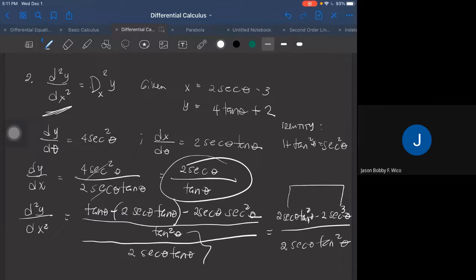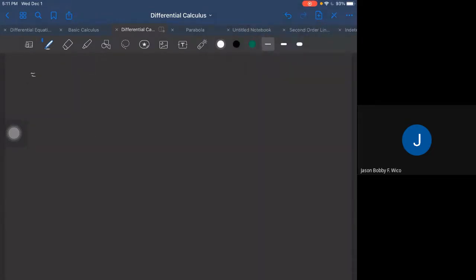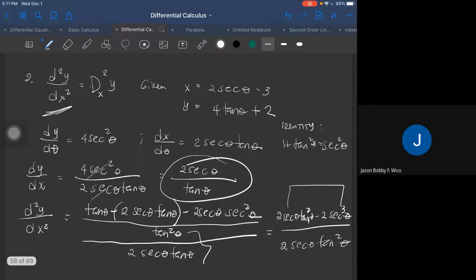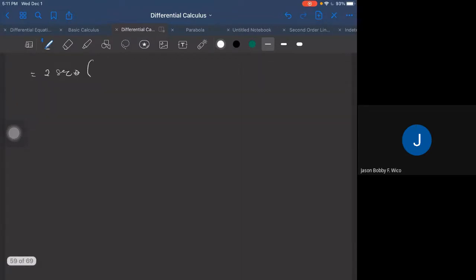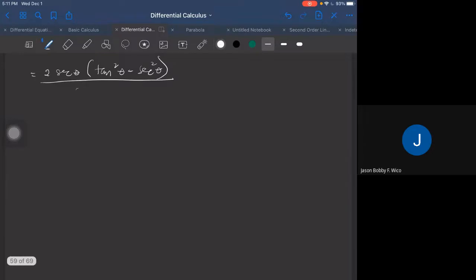We can factor the secant and the 2, coefficient na 2. So we can write this as 2 secant theta. Ang naiwan dito is tangent squared theta. Sa kabila, meron tayong secant squared theta. Divide by 2 secant and tangent squared theta.